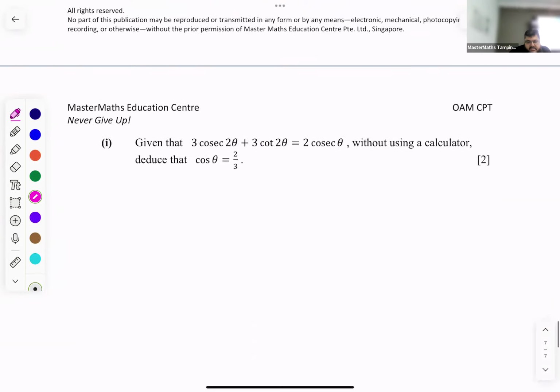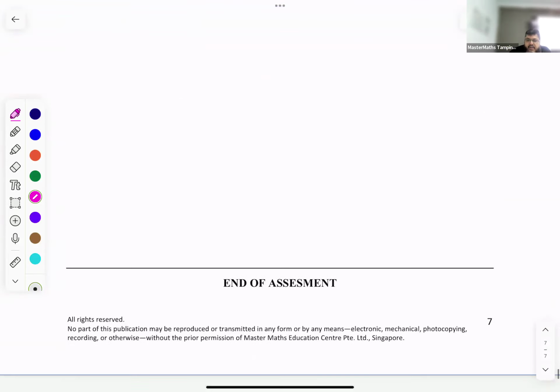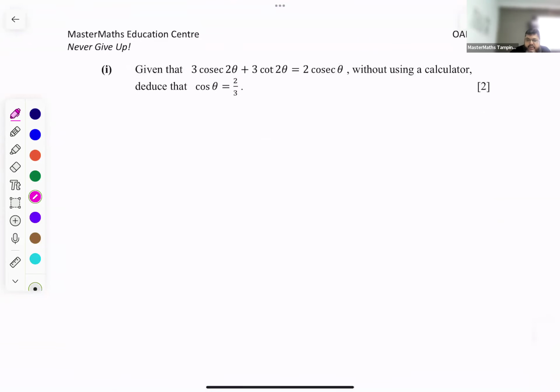Okay, the final question. Is it the final question? Yes, 2 marks. Without using a calculator, again, find the answer.